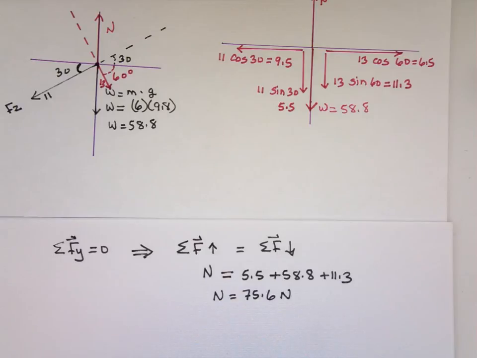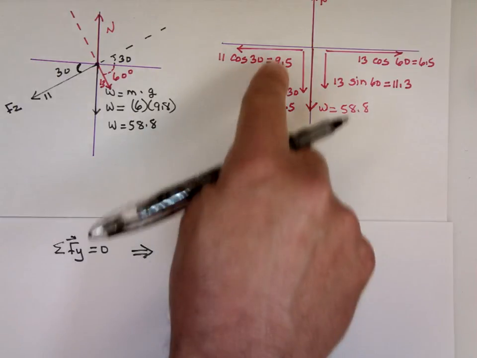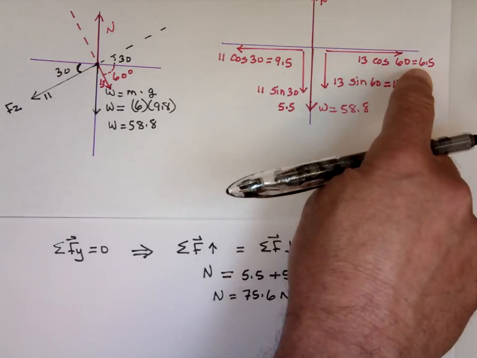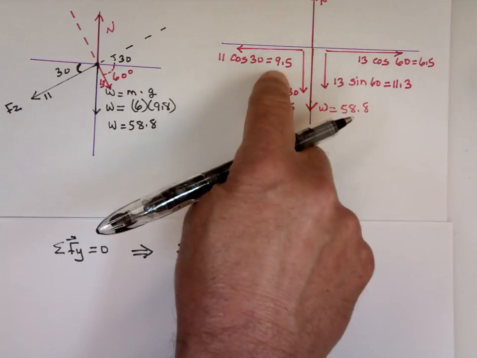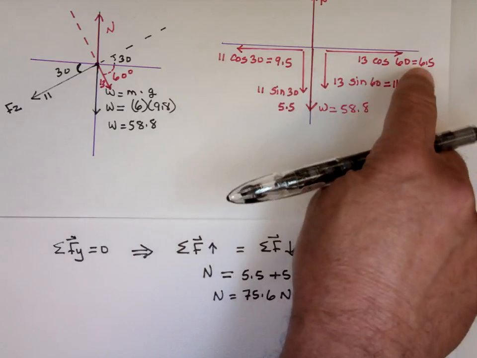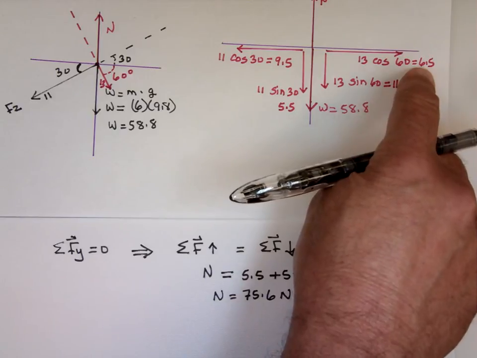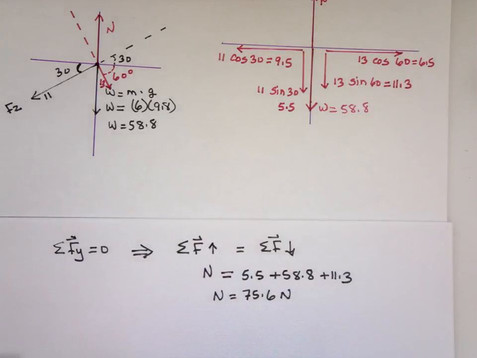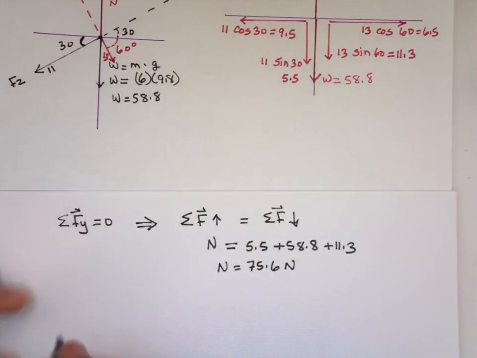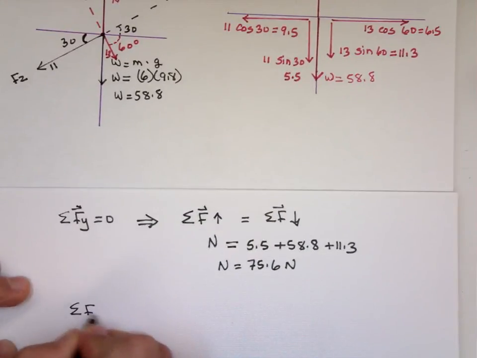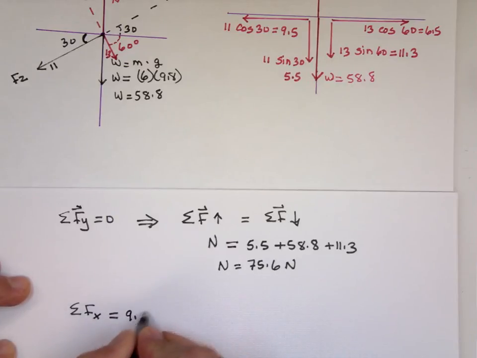Question A, notice I see the force to the left is bigger than the force to the right. The force to the left is 9.5. To the right is 6.5. So you have a net force in the x direction. What is the net force in the x direction? That's the 9.5 minus the 6.5.